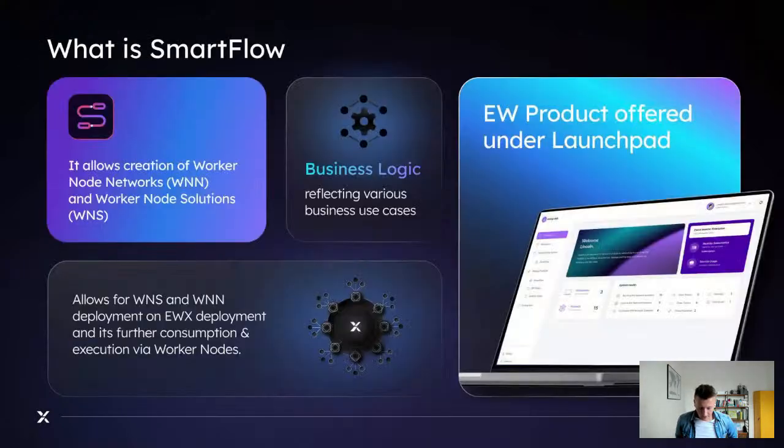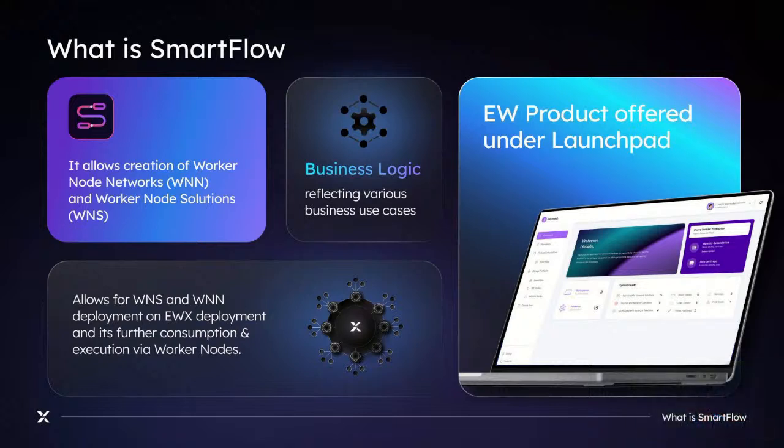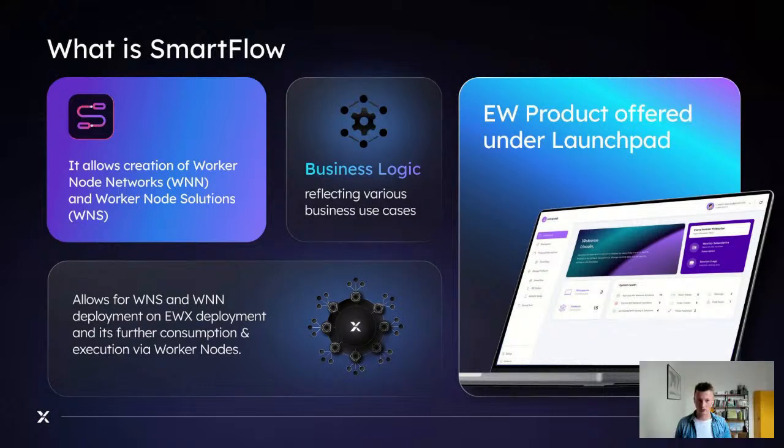So just to start, what is the SmartFlow? First of all, it's a product offered under the Launchpad that allows you to create and manage the life cycle of worker node networks, that's the acronym WNN, worker node solutions, and the business logic. Currently, in this version of the Launchpad, we already have support for the business logic part and worker node solutions.